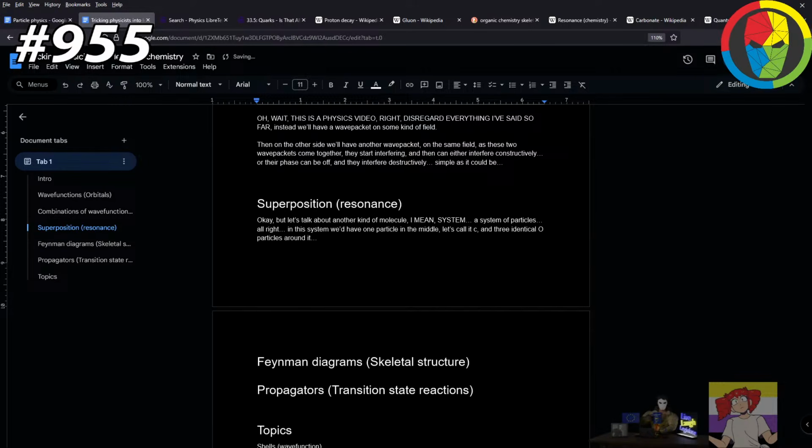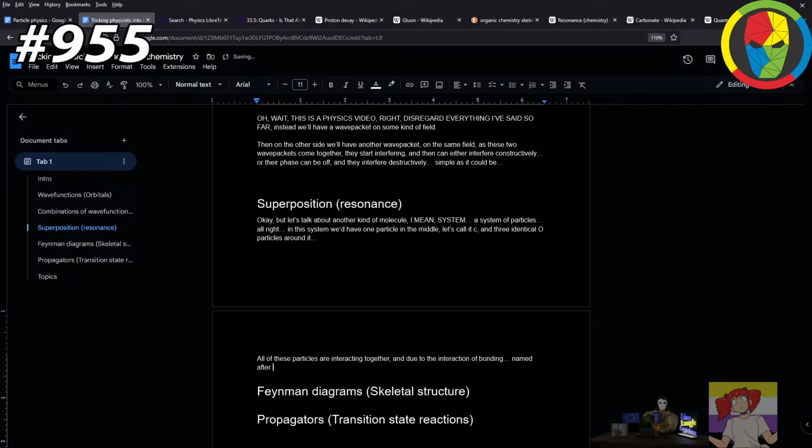These particles are together due to the action of a bonding named after James Bond.